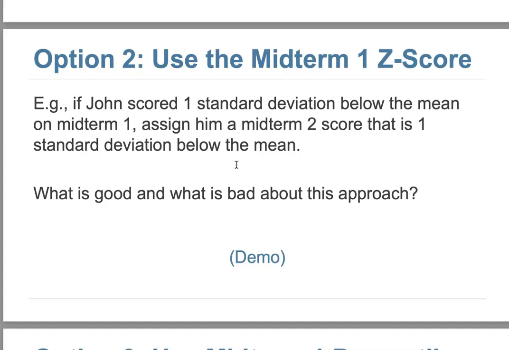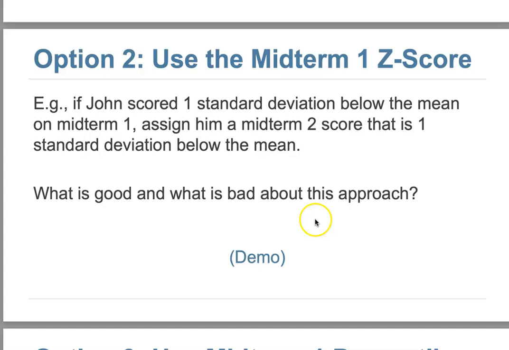If John scored 1 standard deviation below the mean on midterm 1, then maybe we should assign him a similar score on midterm 2, the same 1 standard deviation below the mean. If we use this option, what is the good and what is the bad about this approach? Think about that, then think about yours, then I will tell you how I think. So what is the good, what is the bad?